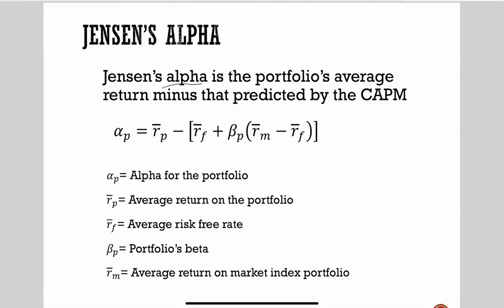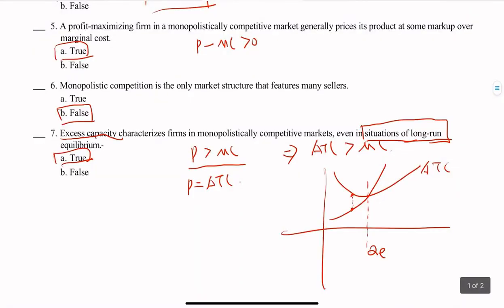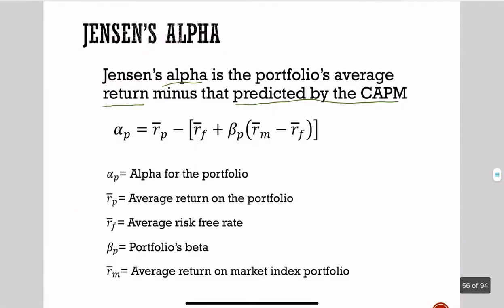So alpha is the difference between your portfolio's return and the return predicted by CAPM, the capital asset pricing model. So you can see that here this R bar P is the average return on the portfolio P. And this is the return predicted by the capital asset pricing model.